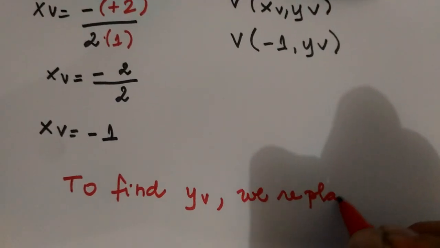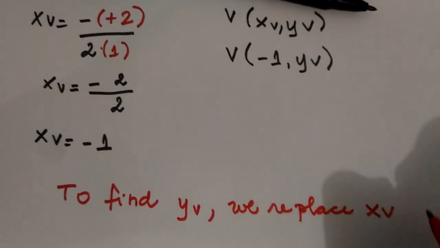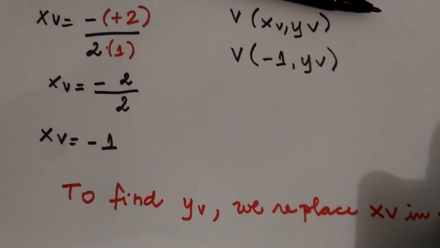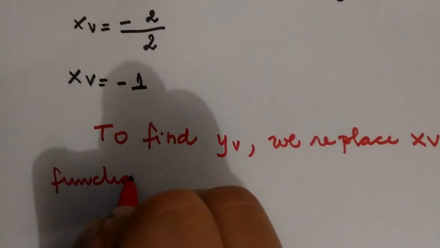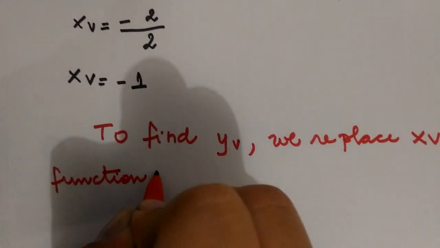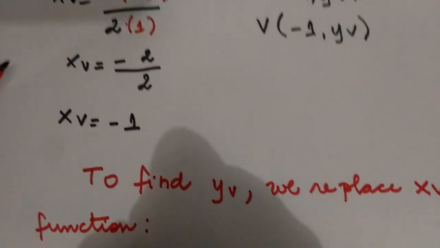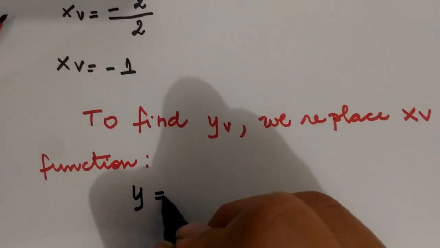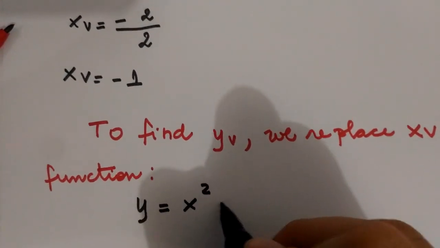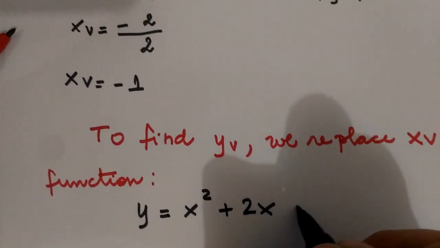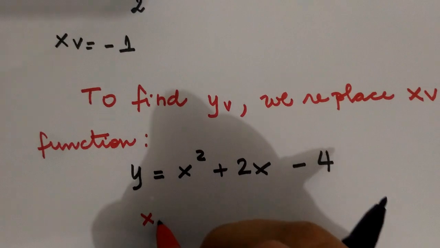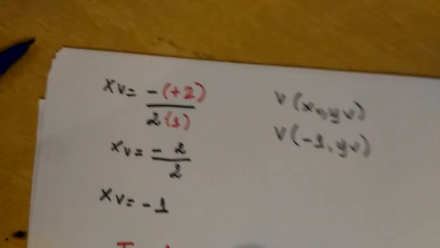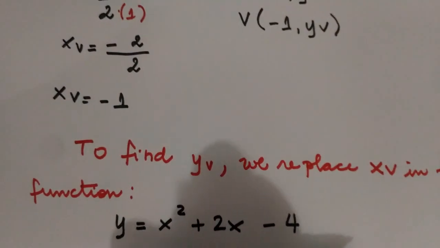We replace the x vertex in the function. So my original function is y equals x squared plus 2x minus 4. And I know that xv is -1.